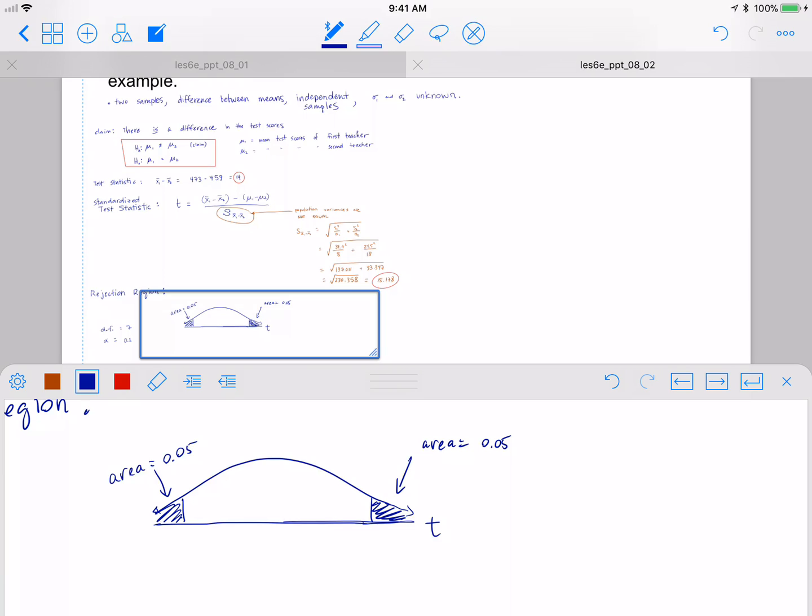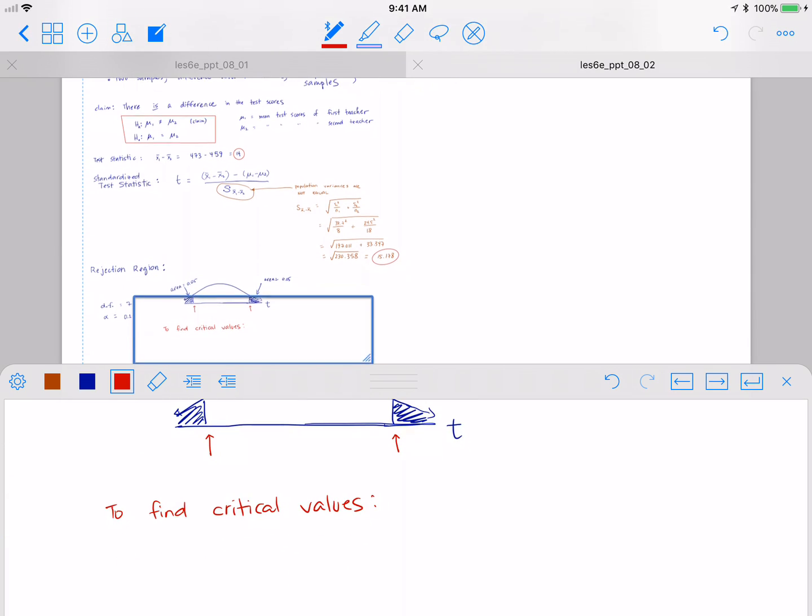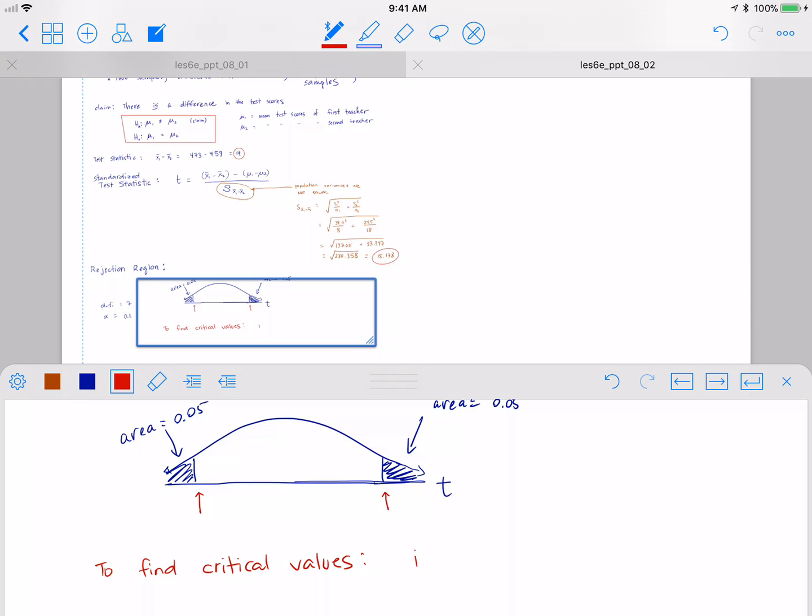Our critical values are going to be whatever value is the border for those tails. To find our critical values, we can use inverse t.